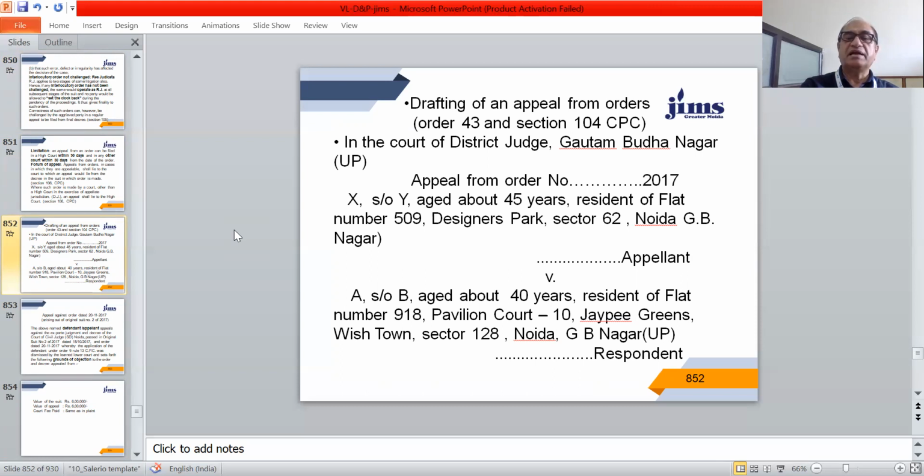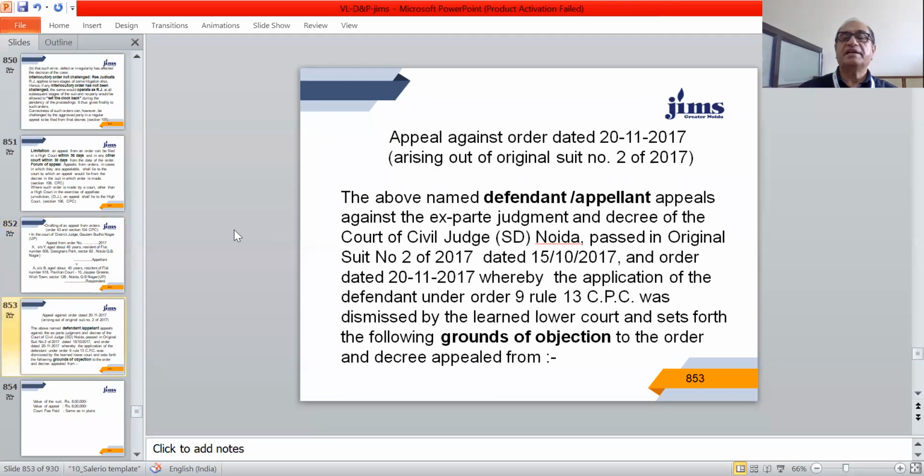So here the appellant is X son of Y, aged about 45 years, resident of flat number 509, Designers Park, Sector 62, Noida, Gautam Buddha Nagar, versus the respondent, A son of B, aged about 40 years, resident of flat number 918, Pavilion Court 10, JP Greens, Wishtown, Sector 128, Noida, Gautam Buddha Nagar, UP. The center heading will be: Appeal against order dated 20th November 2017.